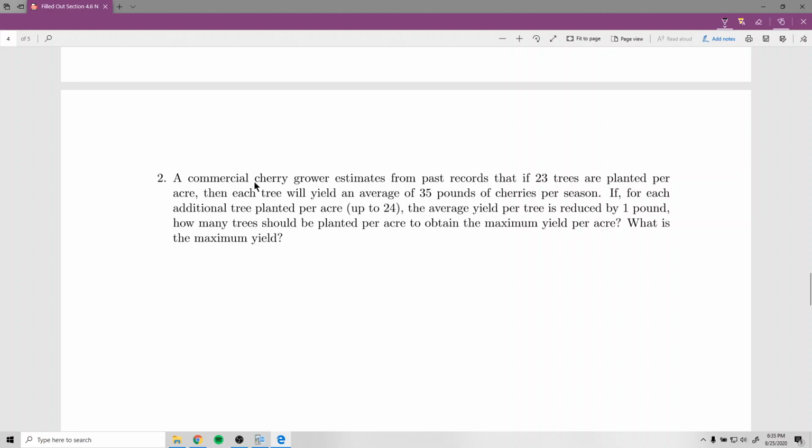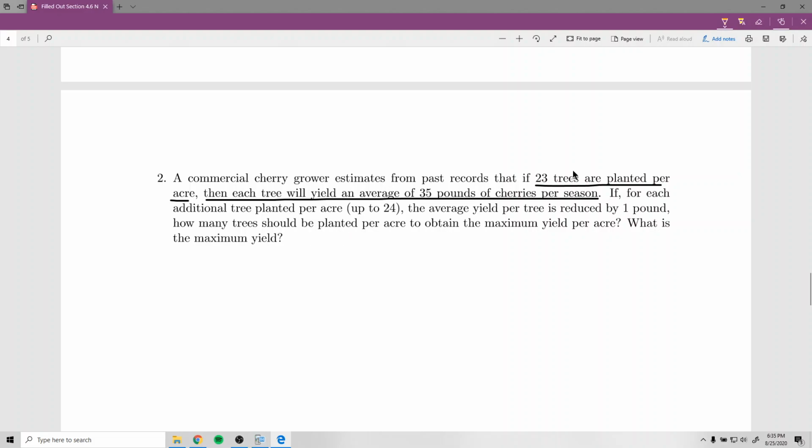So it says a commercial cherry grower estimates from past records that if 23 trees are planted per acre, then each tree will yield an average of 35 pounds of cherries per season. And especially with word problems in math, I always like to point out the things that have numbers in them because that's probably what we're going to use. So that's why I'm highlighting that.